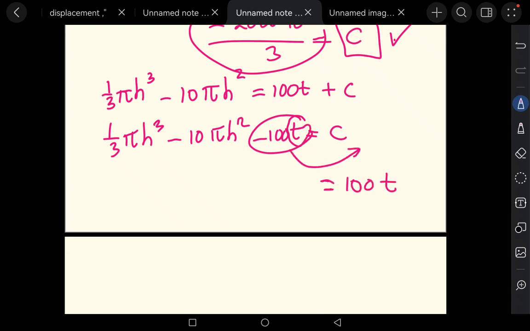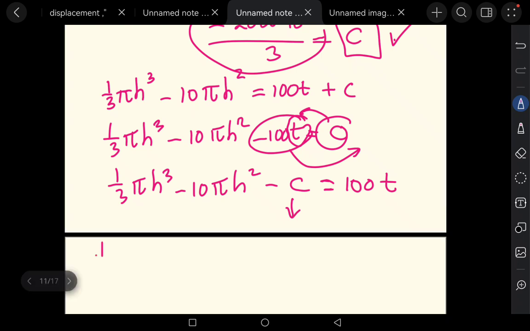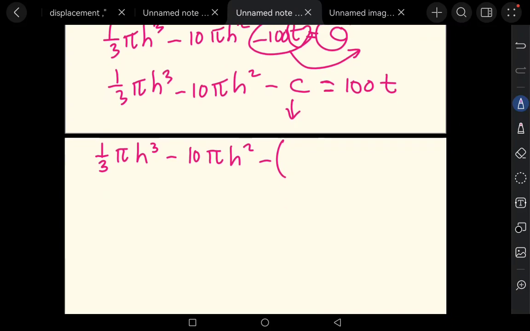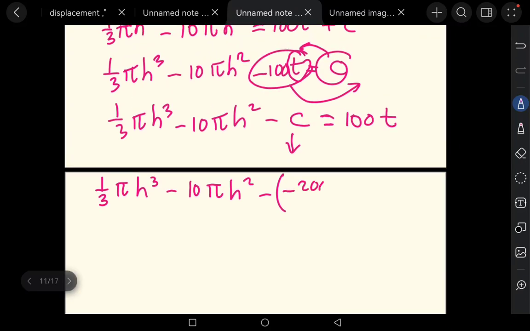So c gets moved over, negative c. So 1/3 pi h cubed minus 10 pi h square, minus, the c is negative 2000 pi over 3, equals 100t.